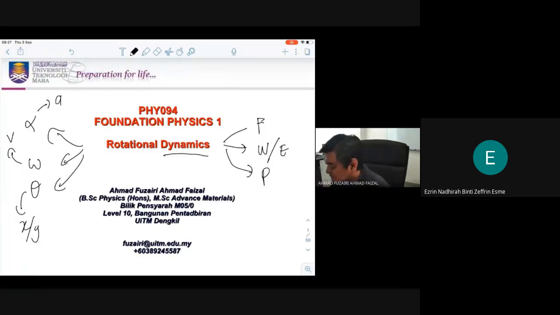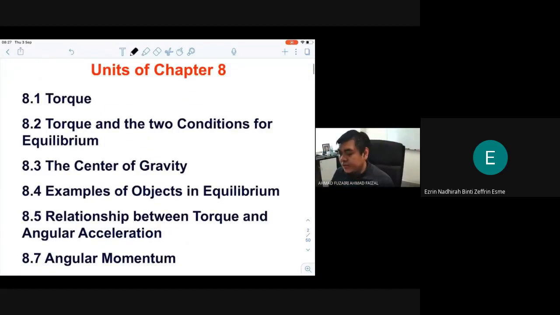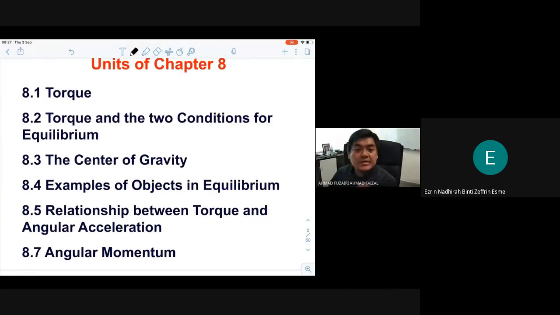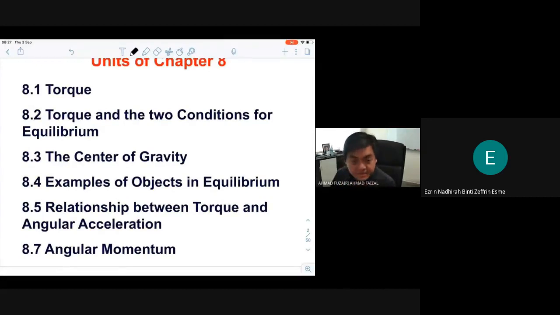So in this case, this is torque. So what is torque? Torque and its two conditions for equilibrium, the center of gravity, examples of objects in equilibrium. How can we say an object is in equilibrium? And the relationship between torque and angular acceleration, and lastly angular momentum.